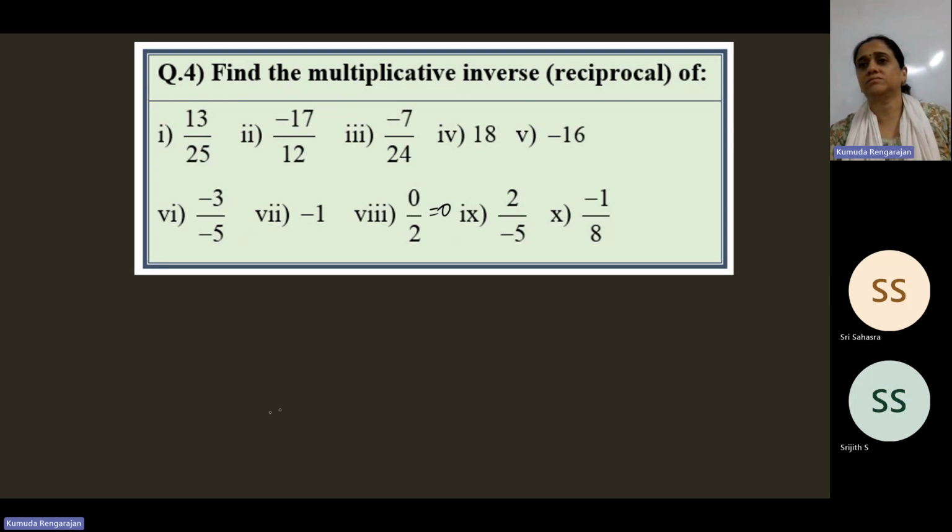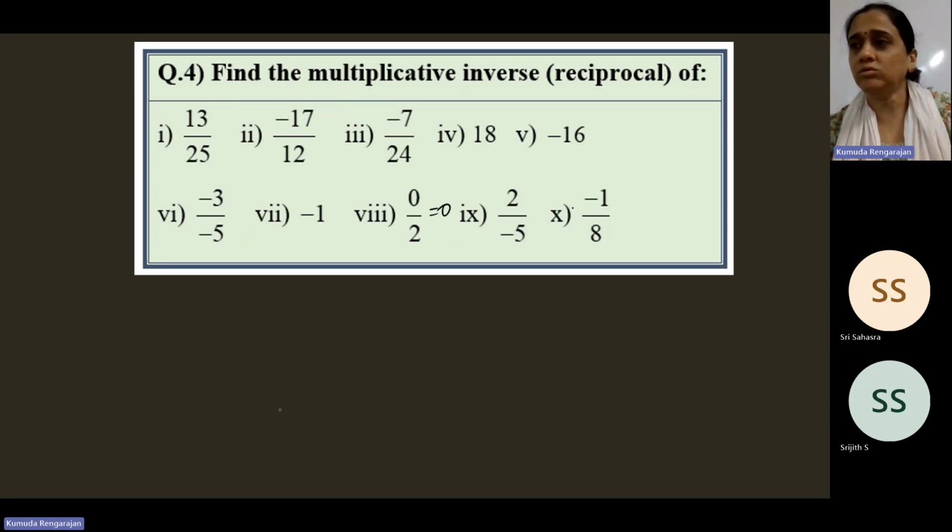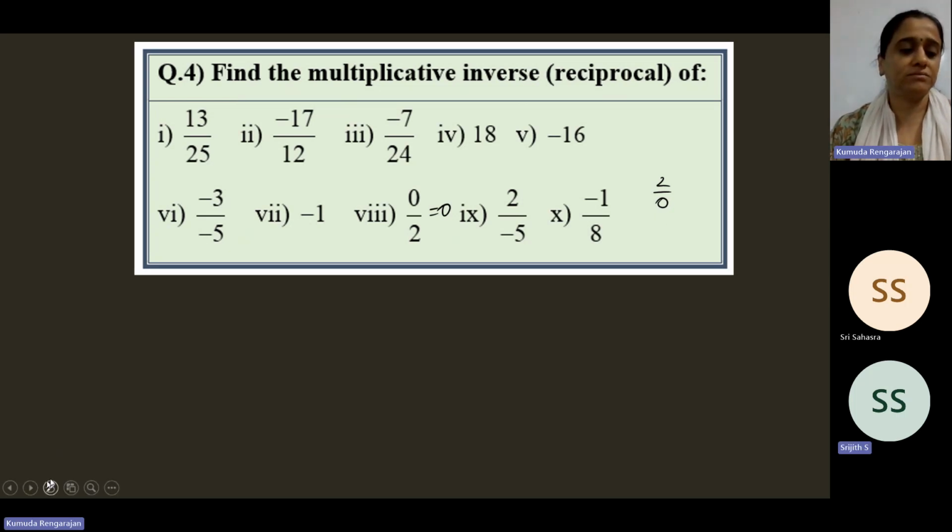It's not defined. Because what should you do? You should invert the number. 0 by 2 will become 2 by 0. Division by 0 is not defined.